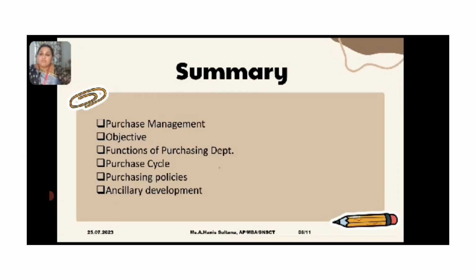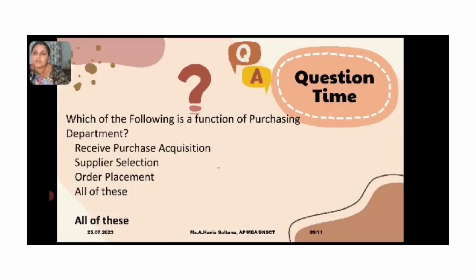And the purchasing cycle, when we have to plan for the purchase, and purchasing policies, what are the policies from both the customer and supplier. And the ancillary development, and of course the miscellaneous activities regarding purchases, emergency requirements, which also have to be planned in priority.